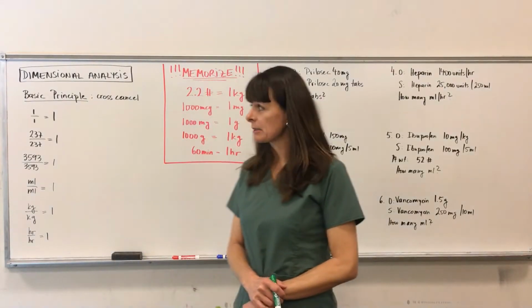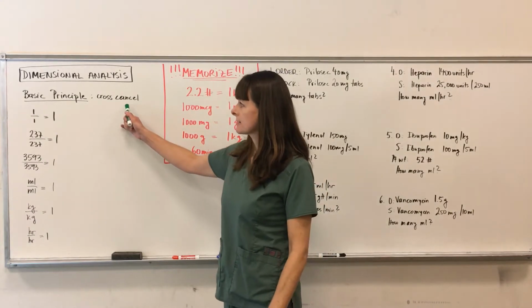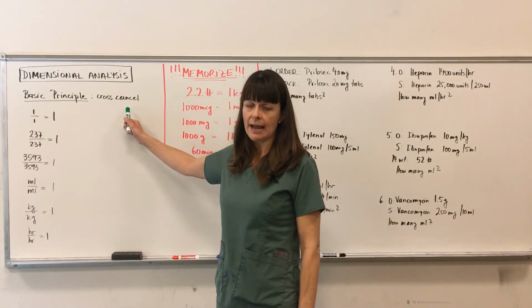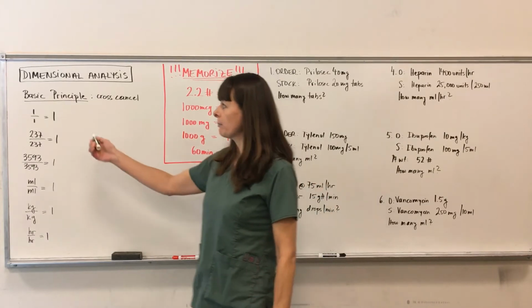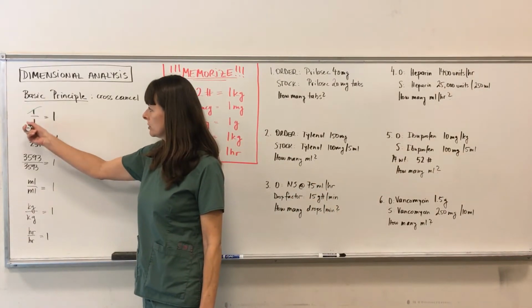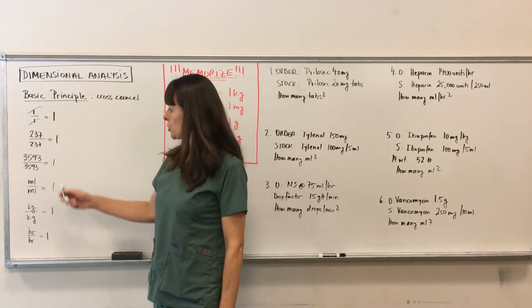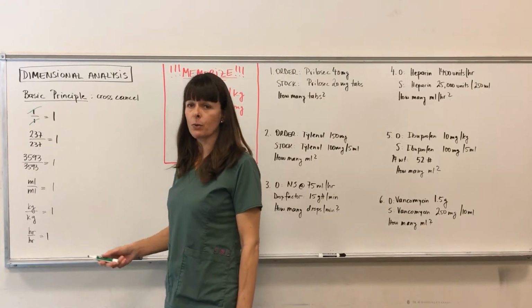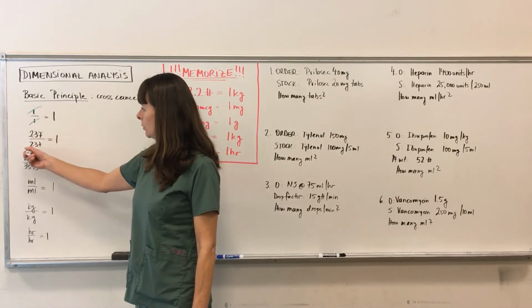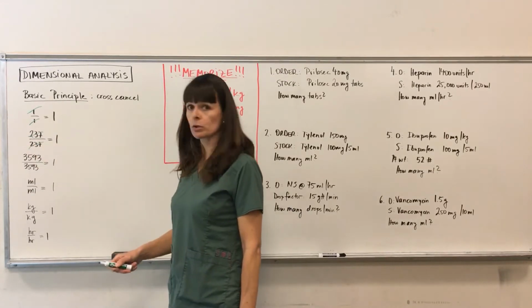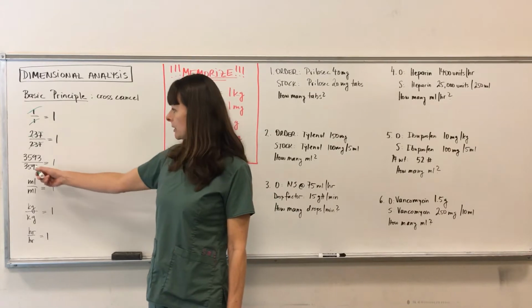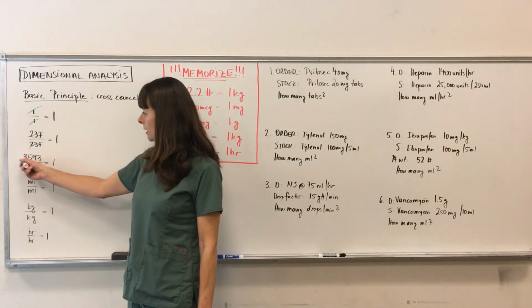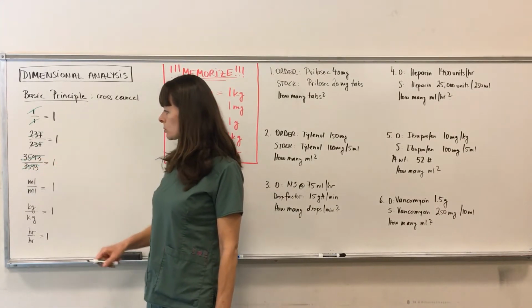So the basic principle of dimensional analysis is to cross cancel. And I've written down several examples over here. So 1 divided by 1, we can cross this out, equals 1. 237 divided by 237, we can cross this out, equals 1. 3,593 divided by 3,593 crosses out, equals 1.